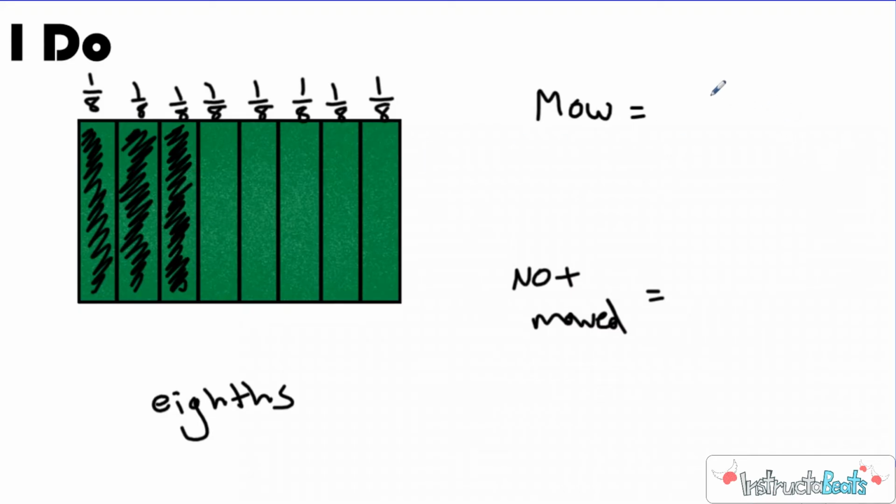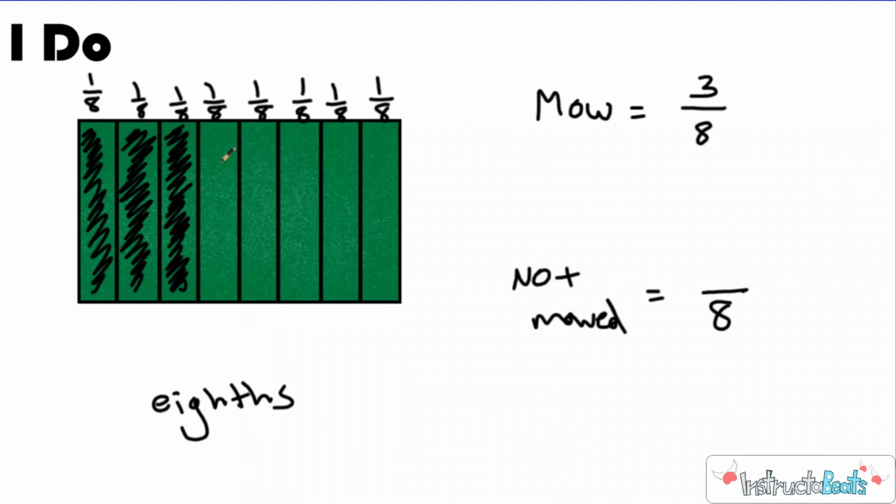So what fraction did I mow? Well, my denominator is going to be 8 because my whole backyard was split into 8 equal pieces. And I mowed 1, 2, 3 of them. So I need 3 unit fractions that make up this fraction. So the part that I mowed would be 3/8. Which means the part that I did not mow, my denominator would still be 8.